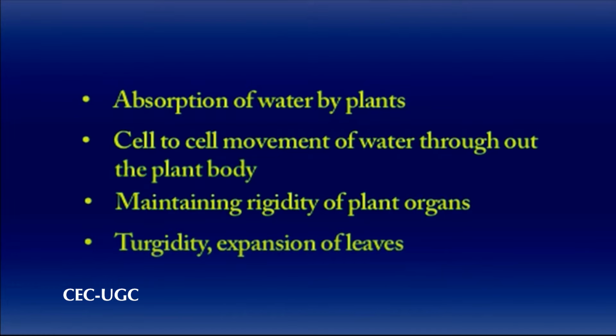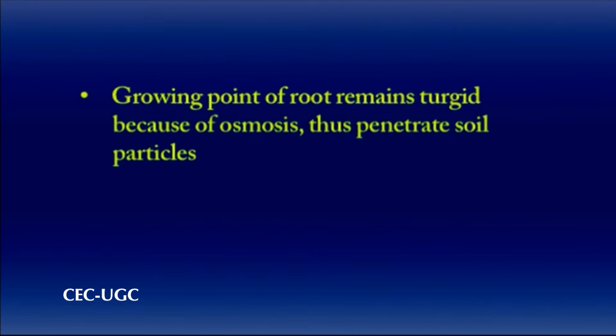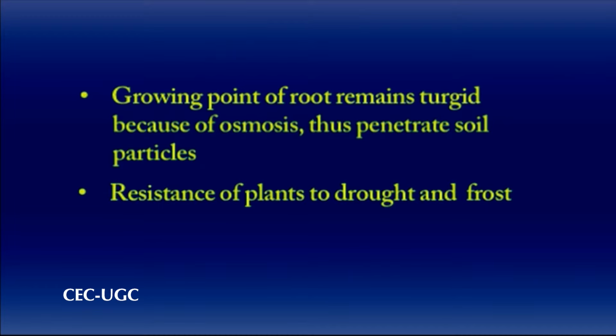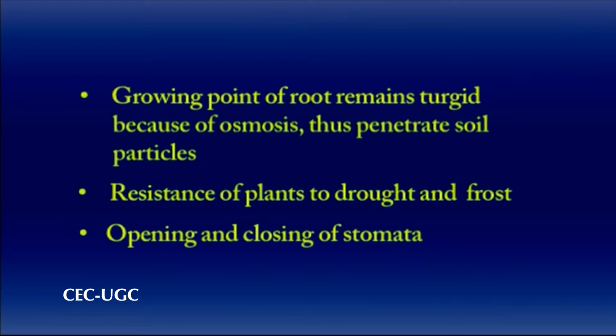Leaves become rigid and expand due to their osmotic pressure. Growing points of roots remain rigid because of osmosis and are thus able to penetrate the soil particles. The resistance of plants to drought and frost is brought about by the osmotic pressure of their cells. It also helps in opening and closing of stomata.